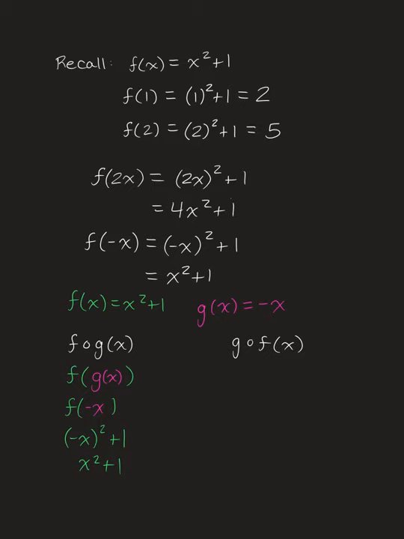Okay? We can flip it around to where g is now on the outside and f of x is on the inside. So if f of x is equal to x squared plus 1, that's what I plug in to g.